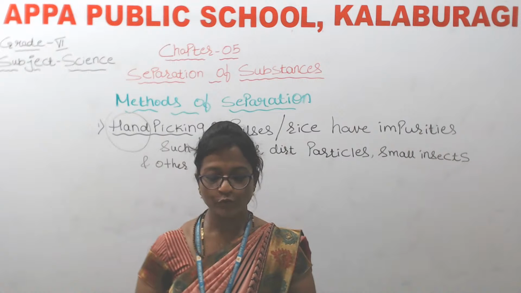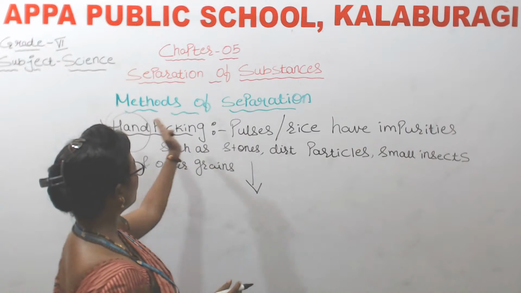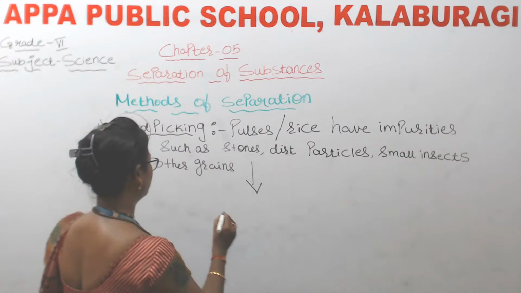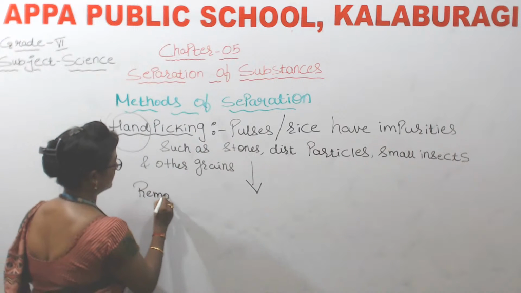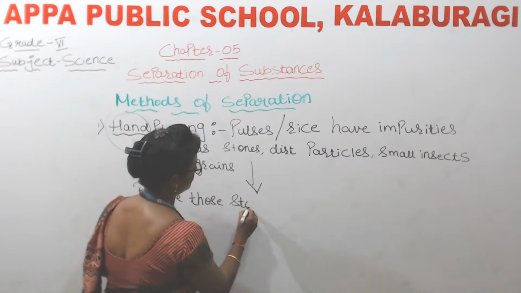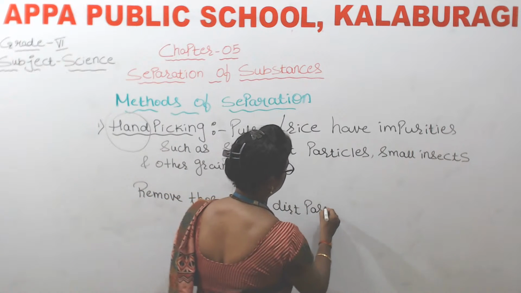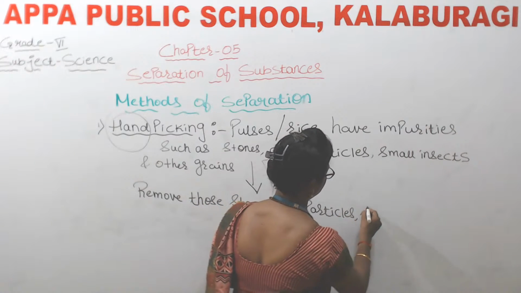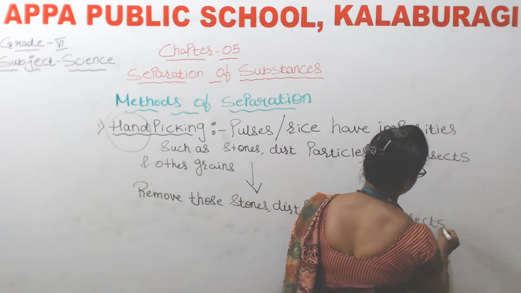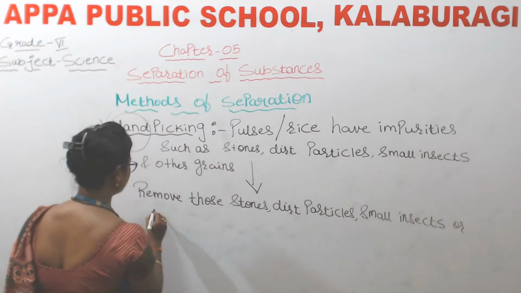So now what do we do? As I said, if the pulses or rice have all these impurities, what will we do? Yes, children? Remove those stones, dirt particles, small insects or other grains.